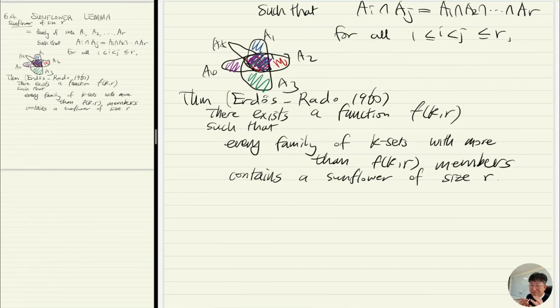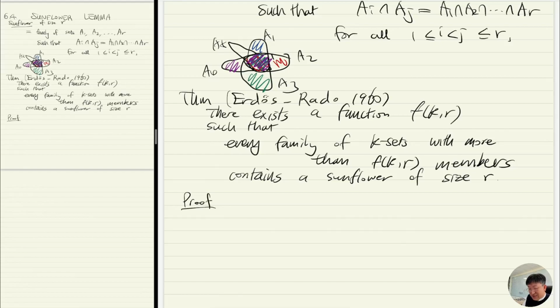So no matter where you take the sets from, we didn't say that the sets are from 1 up to n. So the function is independent of the union of these sets. It only depends on k and r. For instance, if you have many pairwise disjoint sets, that is also a sunflower because the intersection is empty.